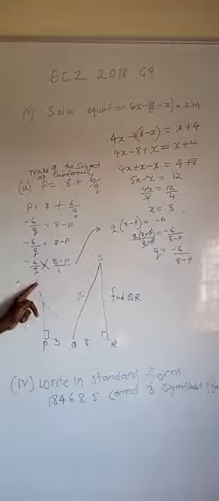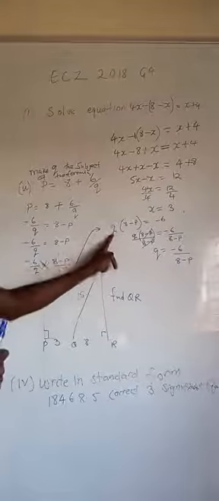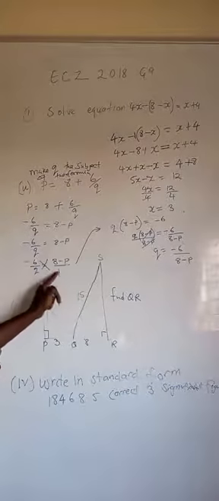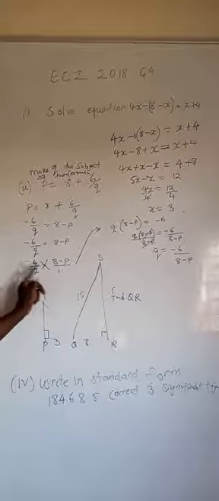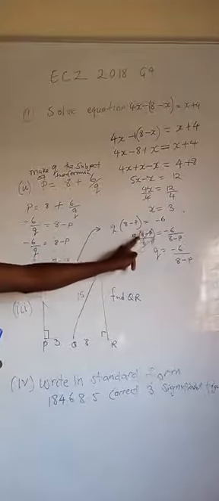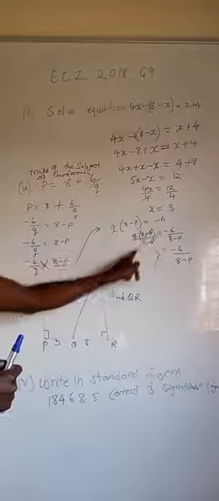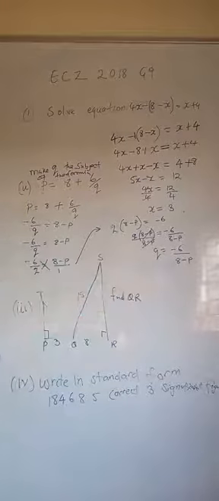Then you cross multiply. This one times this one, it means this one is supposed to be in brackets. You put it in brackets. Negative 6 times 1, any number times 1 is itself, negative 6. Then you divide both sides by 8 minus P. You cancel it out, and it will give you this.